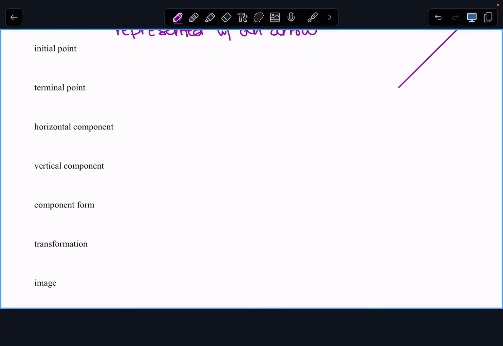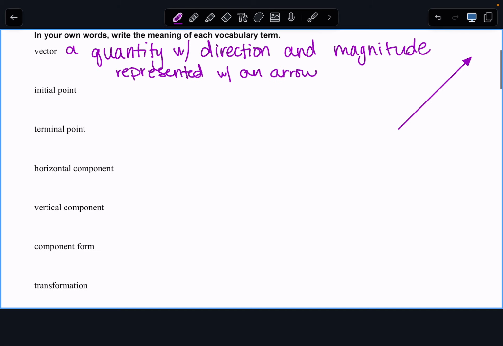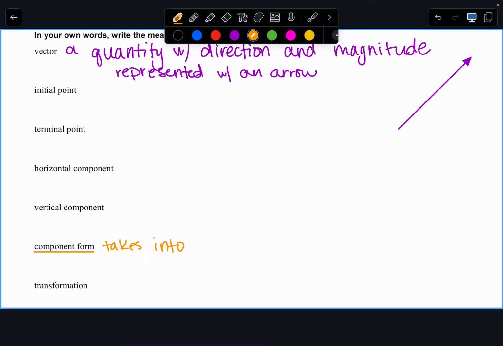Okay. The component form of a vector. We're going to talk about the component form of a vector. It's going to take into account our horizontal and vertical components.